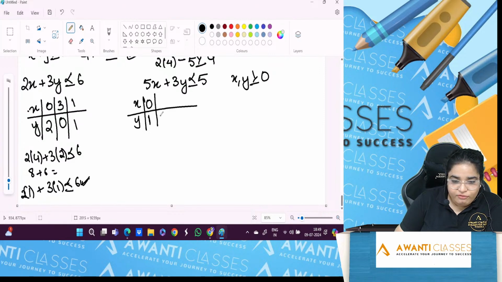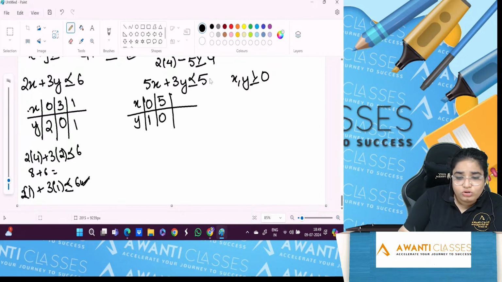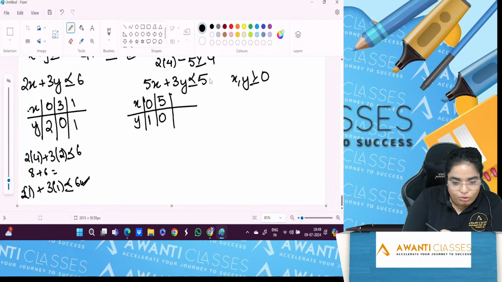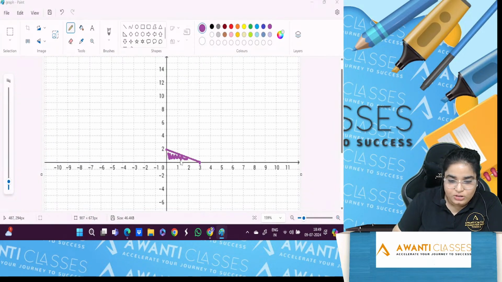Similarly, if y is 0, x can be 1. x also cannot be more than that. Only these two possibilities, because it says less than or equal to 5. And both of them minimum have to be 0. So only those 2 points will be there. So what is that? 0, 1.